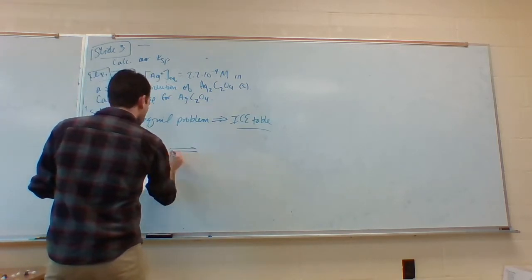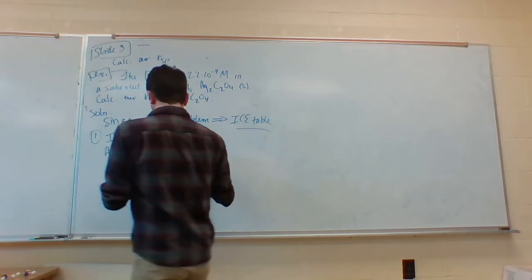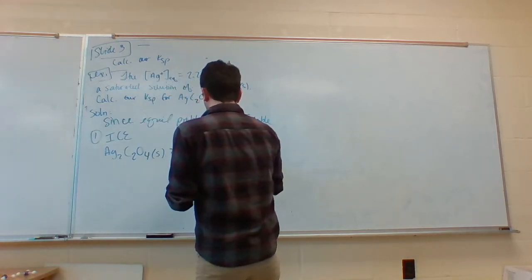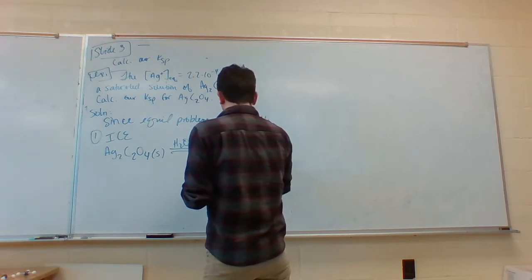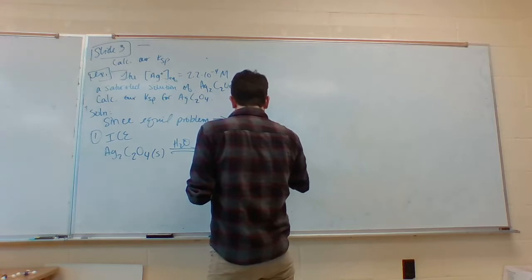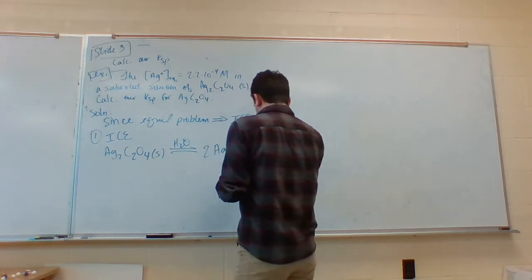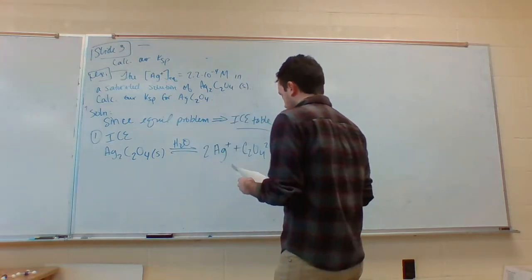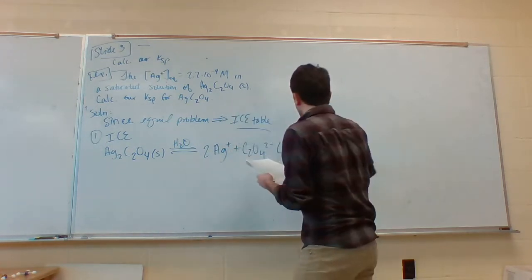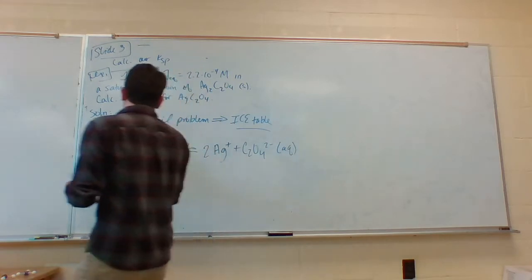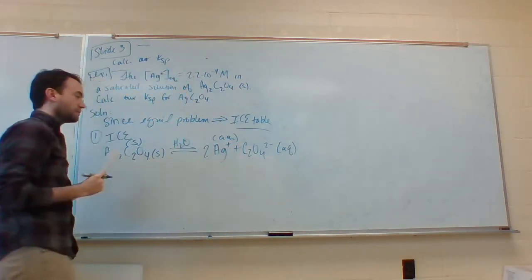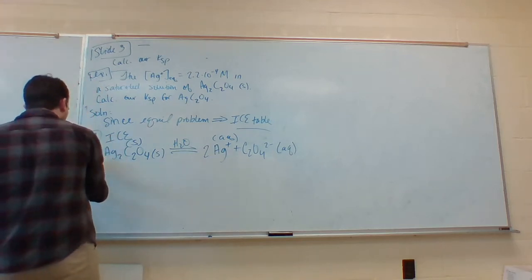We will have put it into water, and it will be in equilibrium with 2 Ag+ aqueous plus C2O4 2- aqueous. Again, we'll be putting our solid first, and then our dissociated ions, so solid on the left, and aqueous on the right. Okay, and ICE.